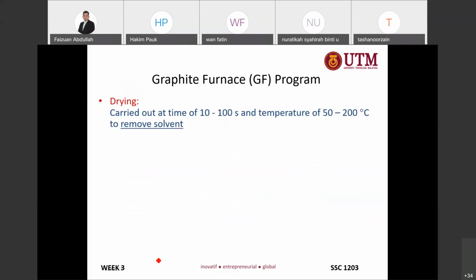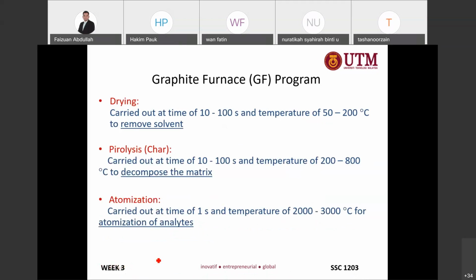So the graphite furnace program. At the beginning of the process, there will be a drying process. It's carried out at a time of 10 to 100 seconds and temperature within 50 to 200 degrees Celsius to remove the solvent.